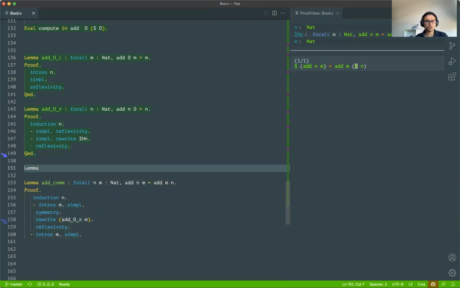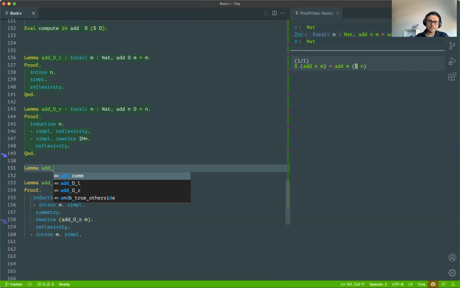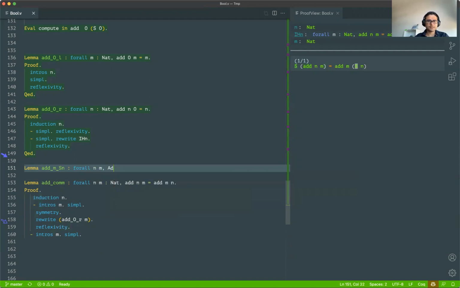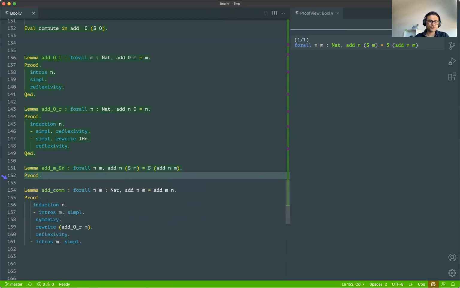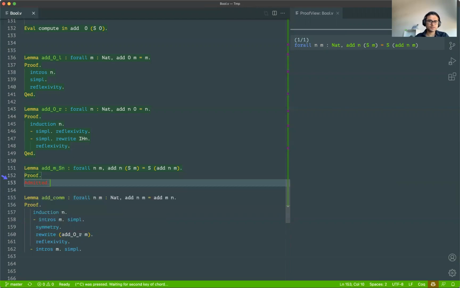I'm going to say: for all n m, add n (S m) is equal to S (add n m). Proof, admitted, right?